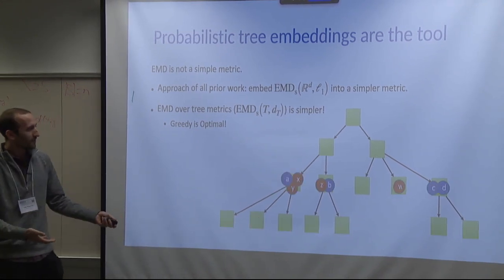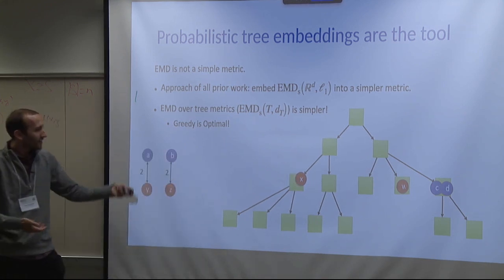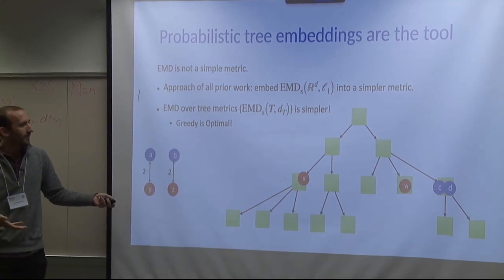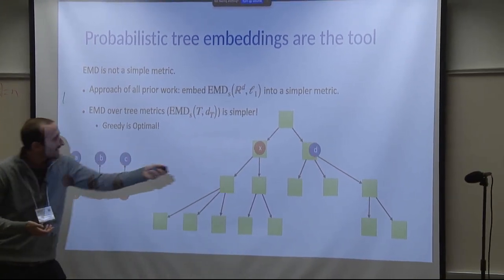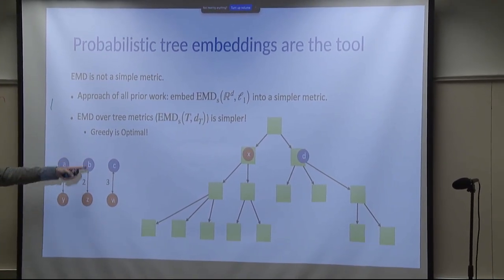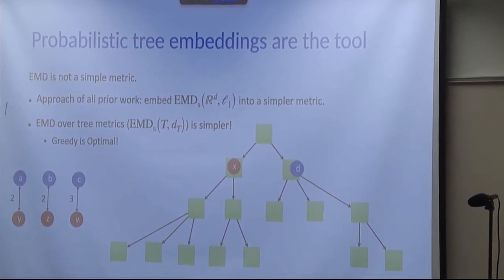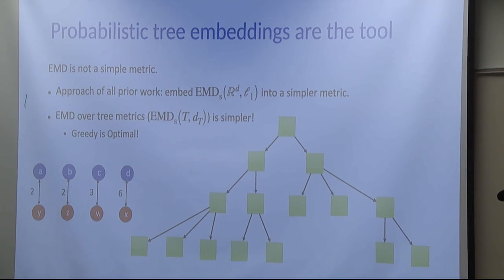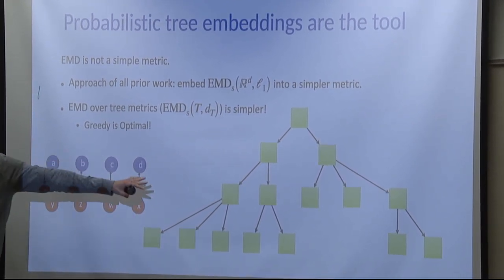The idea is just to propagate the points up. As the points meet, you match them to each other. Whatever doesn't meet, you keep propagating up. Once two things meet, they get matched to each other. You keep track of the distance they've traveled in order to meet at that point, until you've matched everything, and that itself is the optimal matching for that tree.